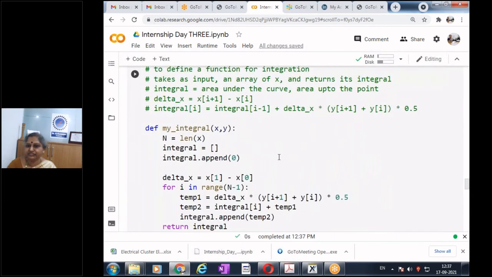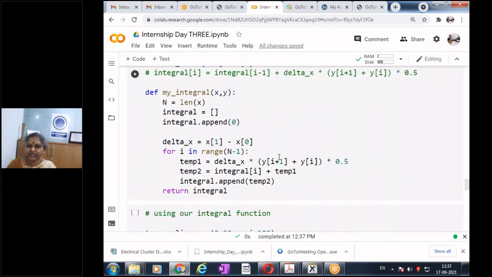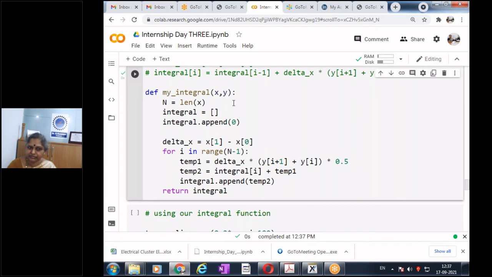Similarly, we have a function for integration, and this is it. What I'm doing in integral, once again, I have a function x, I have y, and then I have delta.